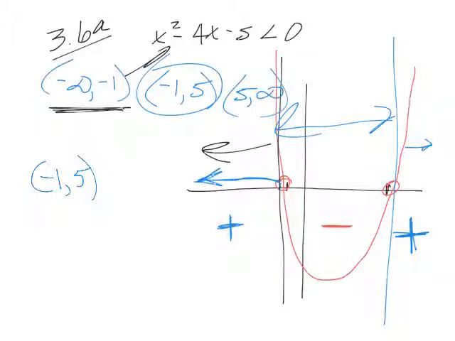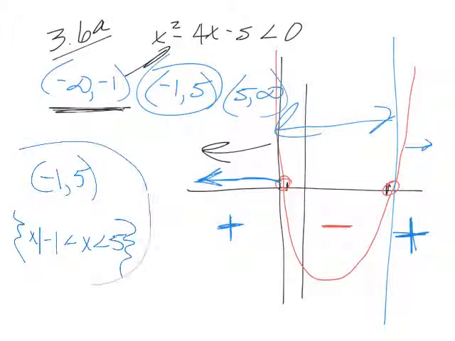Or I could write it in set builder notation as x such that negative 1 is less than x, which is less than 5. Either one of those, depending on what they're asking for. If they ask it in set builder notation, it's this one. If they ask it in interval notation, it's this one.